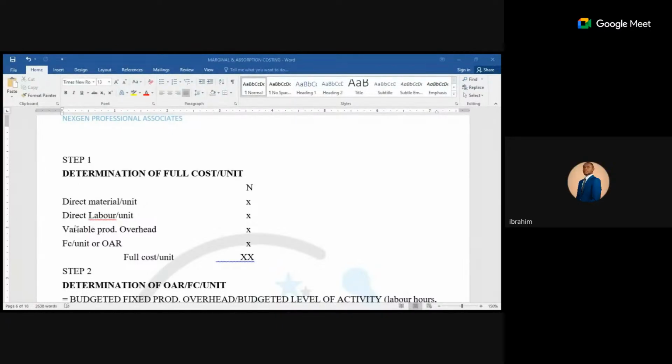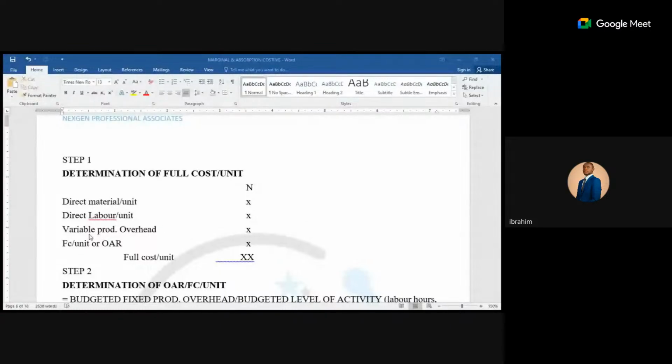Okay, that's fine. Determination of full cost. How do we determine the full cost that we use to value the inventory? Right?